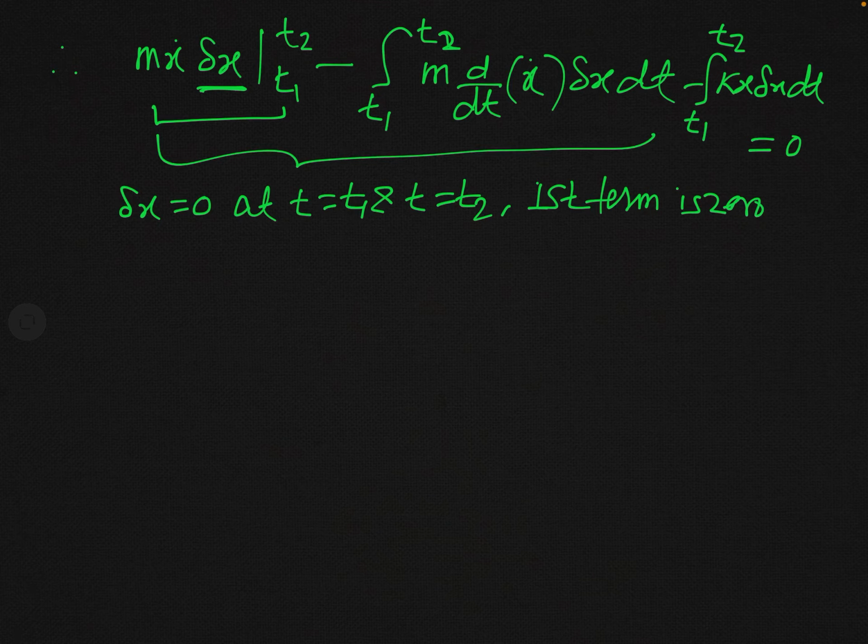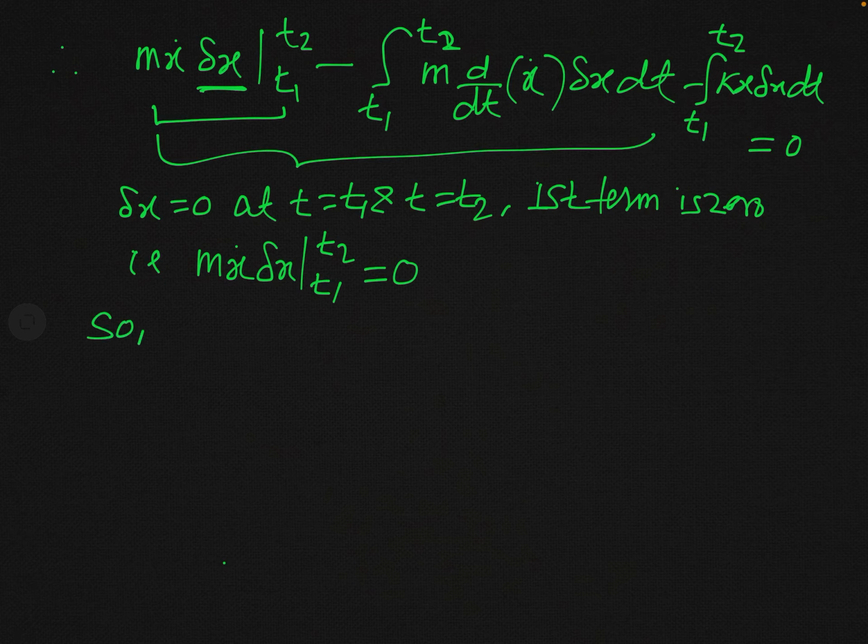And that is, you can say that this m x dot delta x at t1 and t2 is equal to 0. And so our result is what?